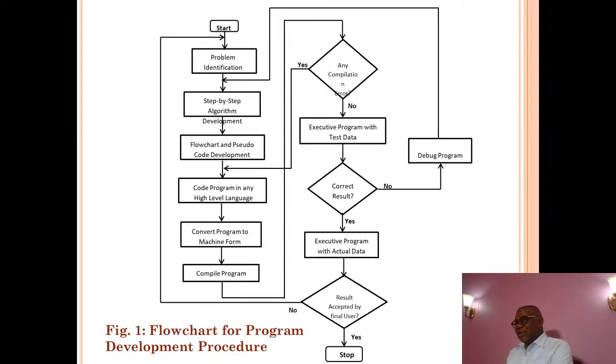Now, in our previous lecture, we looked at the eight steps involved in the design process. We call them problem identification, algorithm development, flowchart or pseudocode development, coding the program in a high-level language, converting, and all those things. Now, if you look at this flowchart, which we call Fig 1, it is the flowchart for the program development procedure.